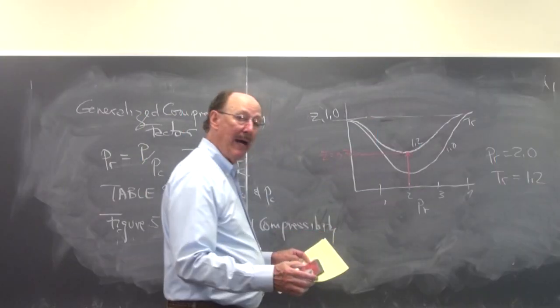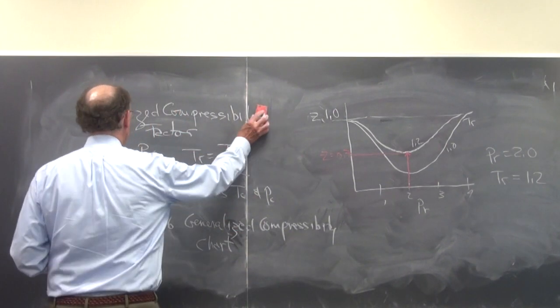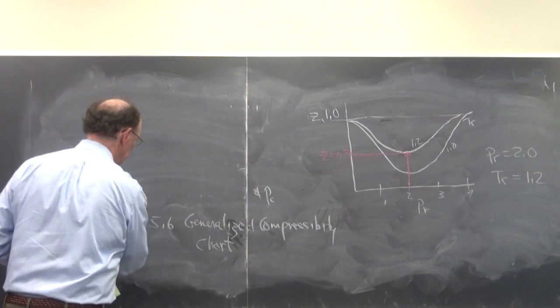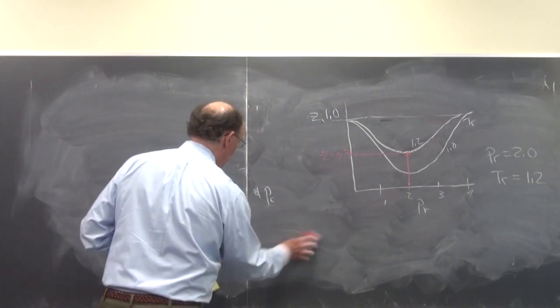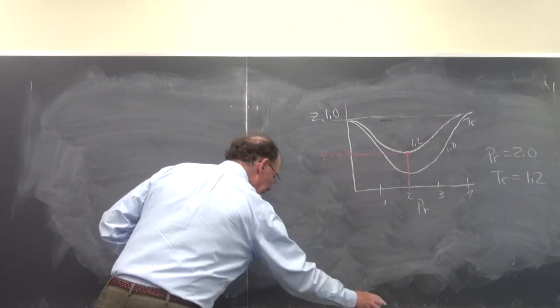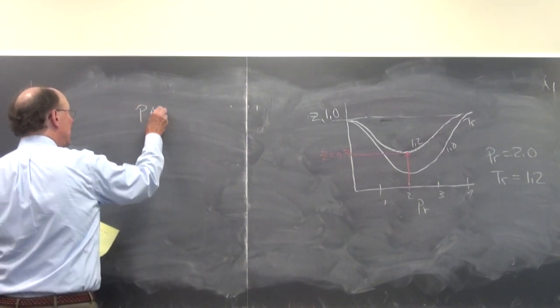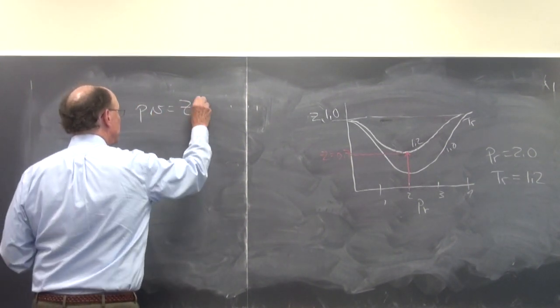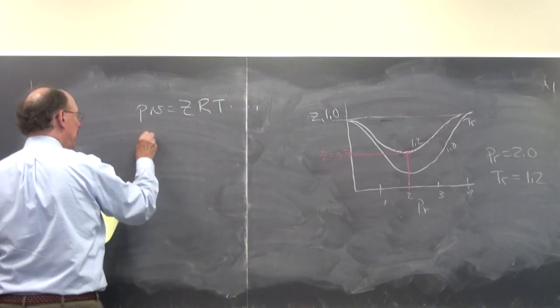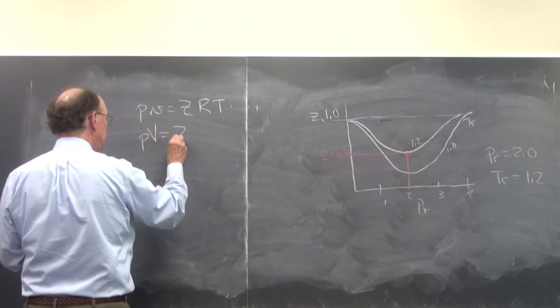And where I use Z in the ideal gas law, we have that P times specific volume is equal to ZRT, or P times total volume is equal to ZMRT.